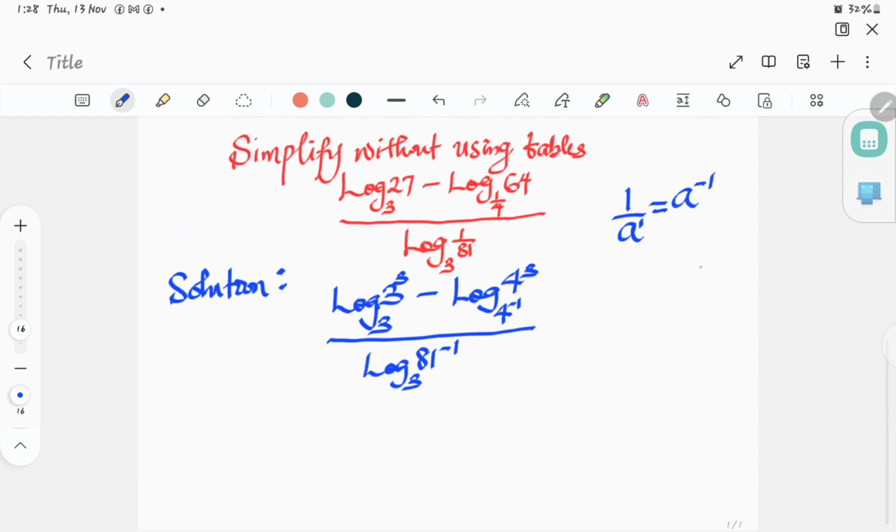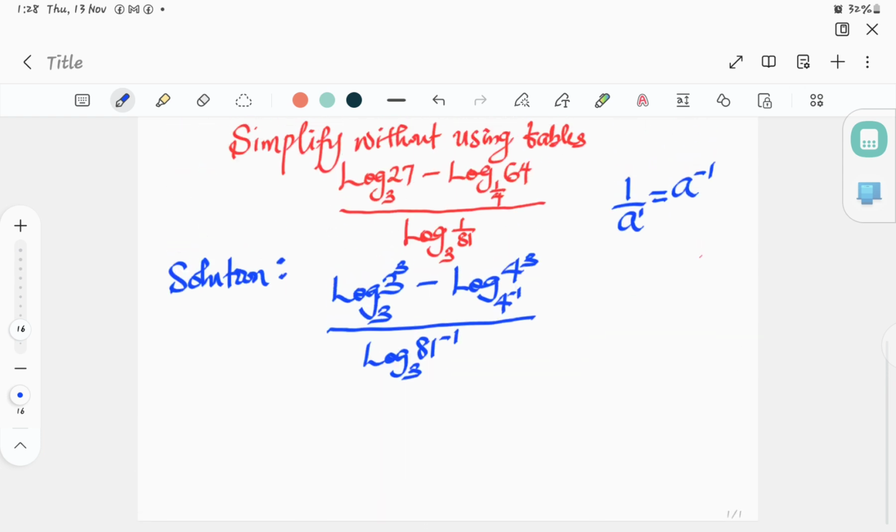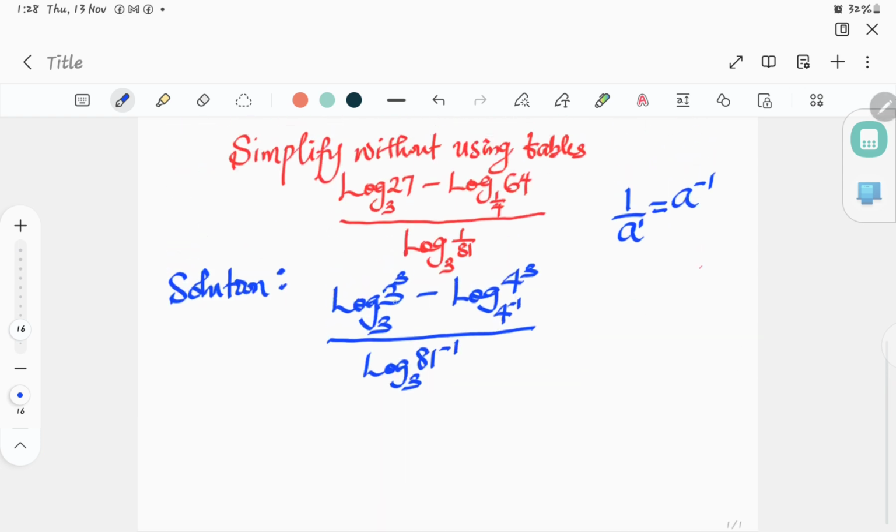So from here now, we can begin to break it further. This power here, if you remember from one of the laws of logarithm, if you have log a raised to the power of m, the law states that this is the same as m log a.